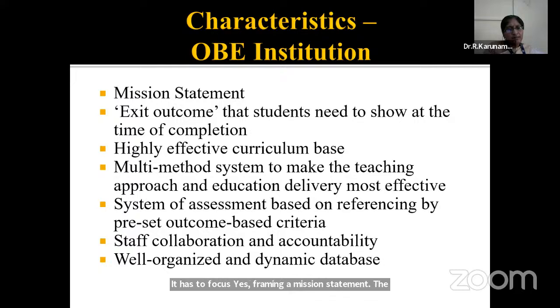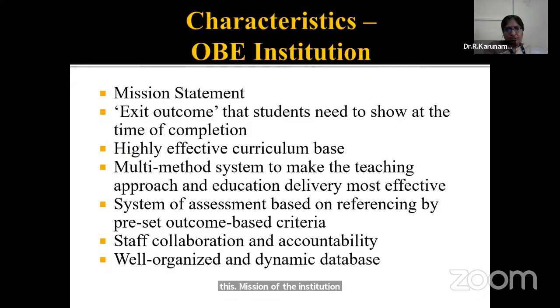The mission statement should talk about the commitment: the commitment to help every single student to see some kind of growth during the period of education, and the suitable methodologies to be adopted to achieve the mission of the institution.